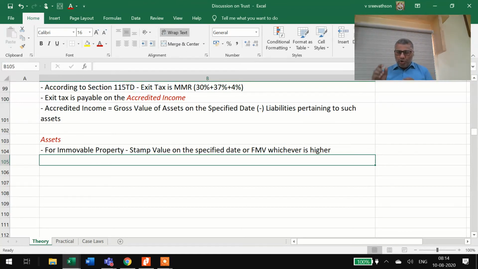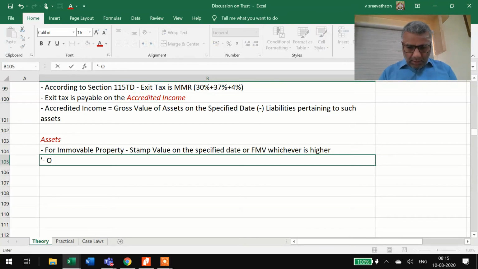I want to find out gross value of assets minus liabilities. So assets for immovable property, stamp value on the specified date. Other fixed assets, fair market value.